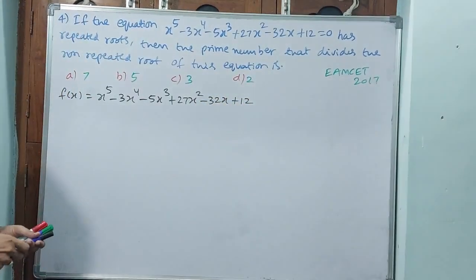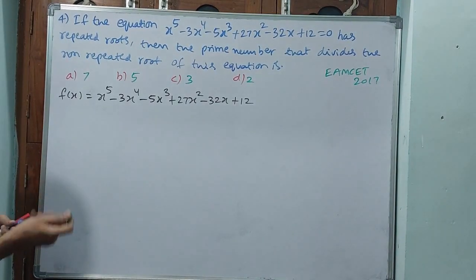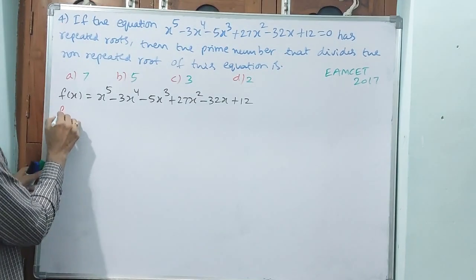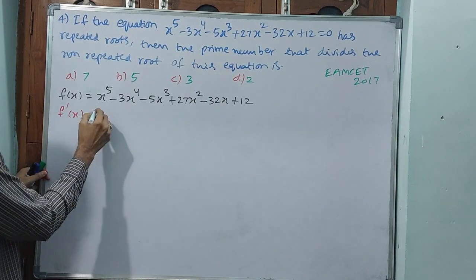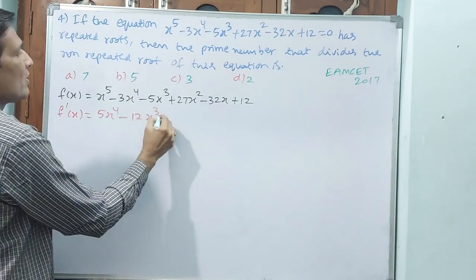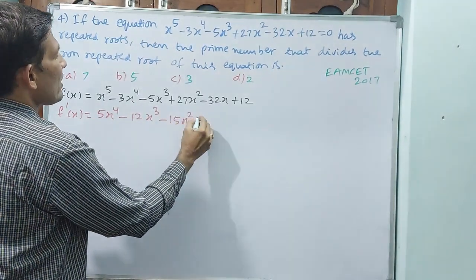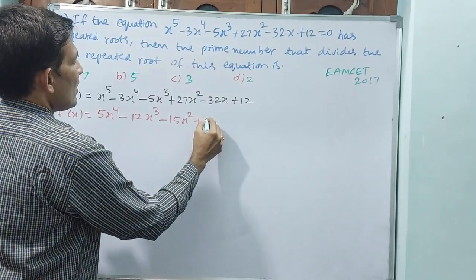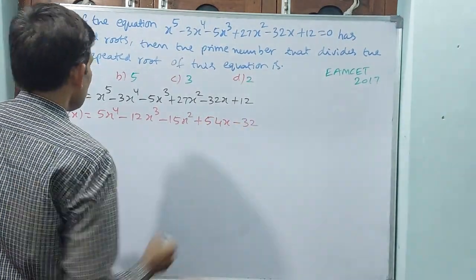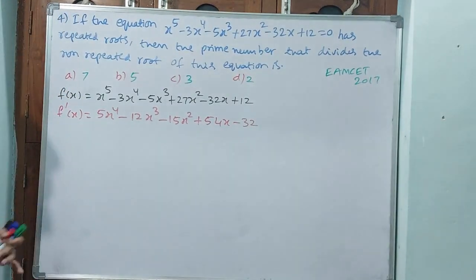Now go for f dash x. f dash x, differentiation. f dash x is equal to 5x to the power of 4 minus 12x cube minus 15x square plus 54x minus 32. Okay. See, you have got f dash and f both.